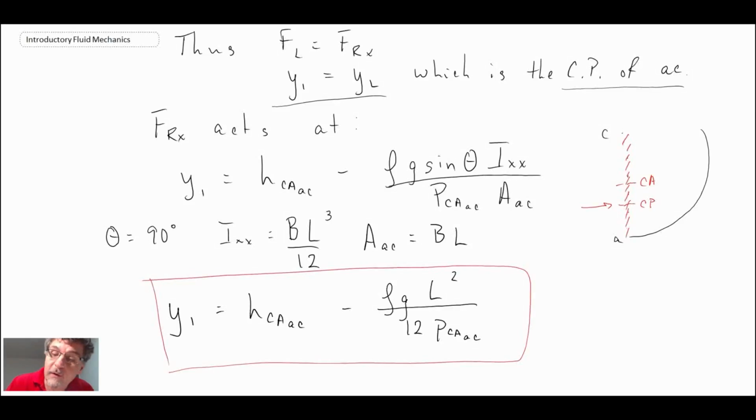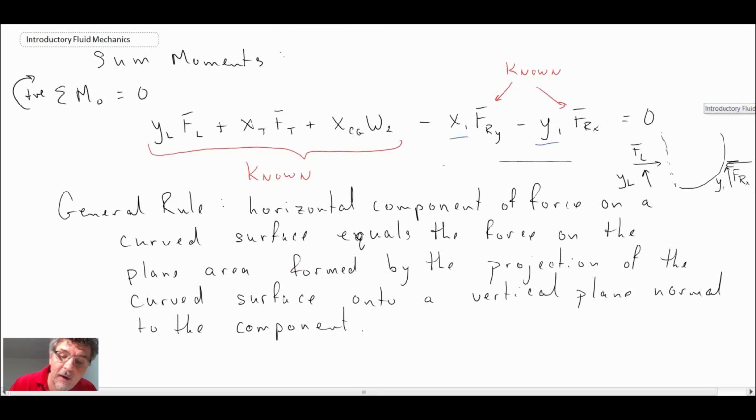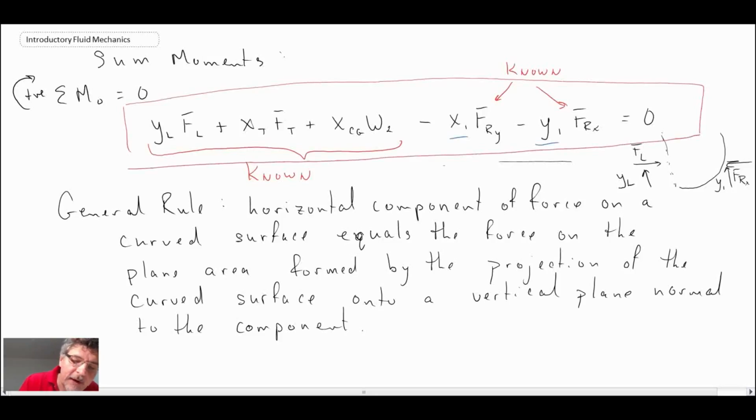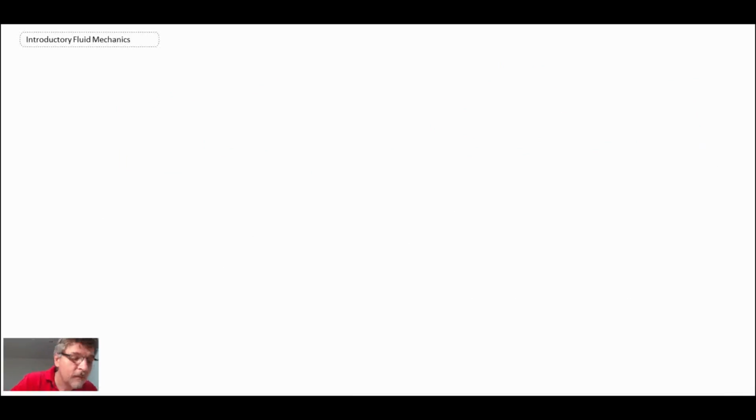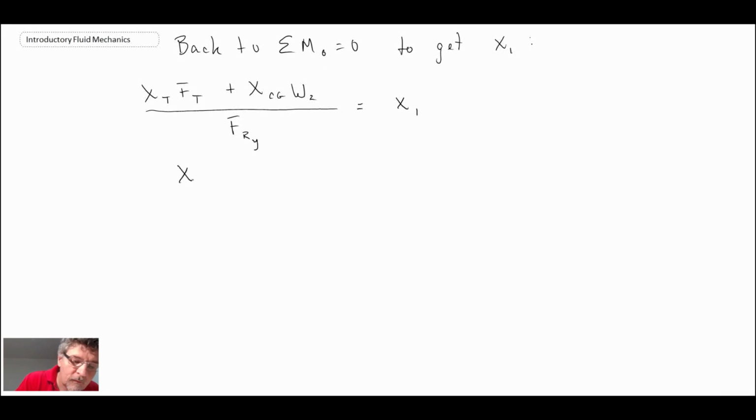Now we'll go back to our moment equation, the summing of the moments. So this equation here, and we're going to plug in what we now know in order to isolate, in this case, x1. So let's work that through. So we get the equation for x1, and we plug in the values.